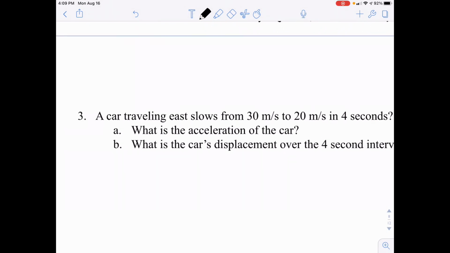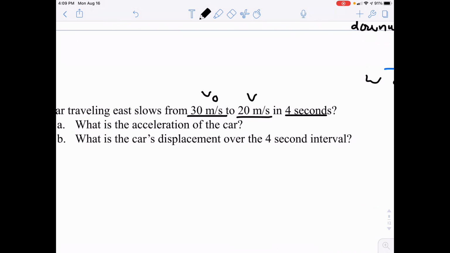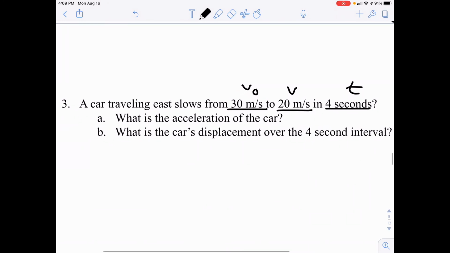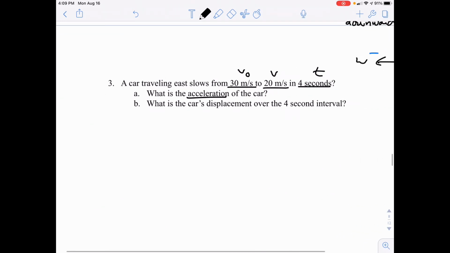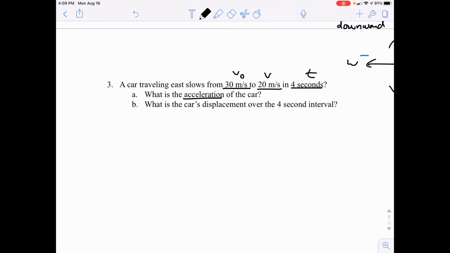Now, since you have 2 velocities here, the first one would be v naught, the second one would be v final, the third would be the time, and we're looking for acceleration. Making a list of our stuff, we do not know x.